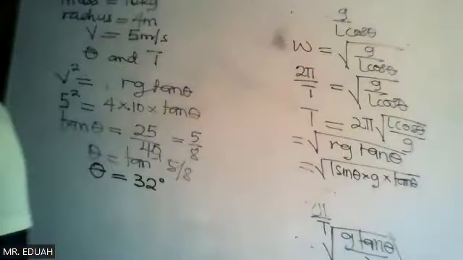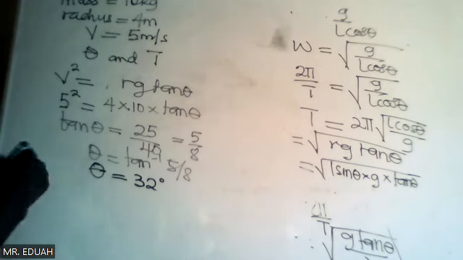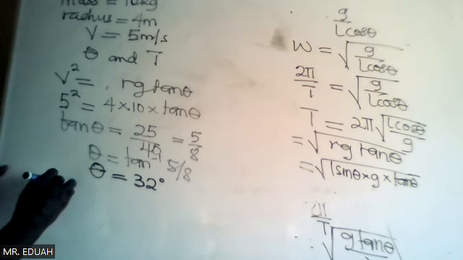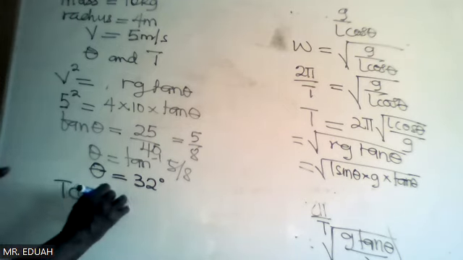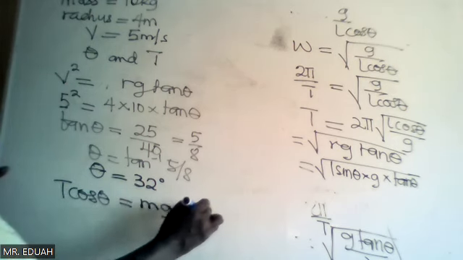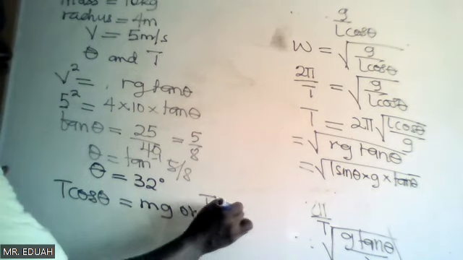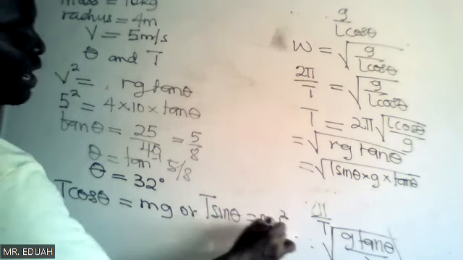Then the next question is on the tension. You can use two different ways: T cos theta is equal to mg, or T sine theta is equal to mv squared over r.